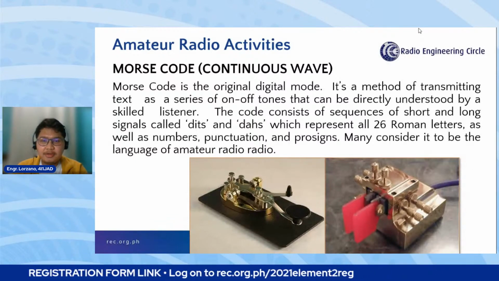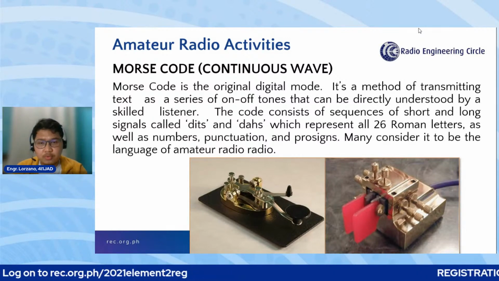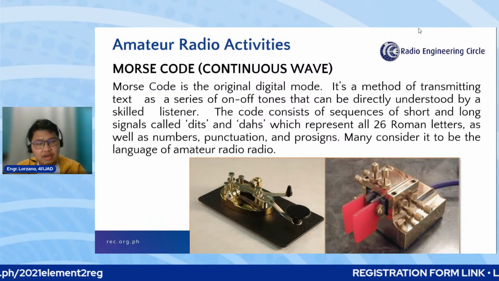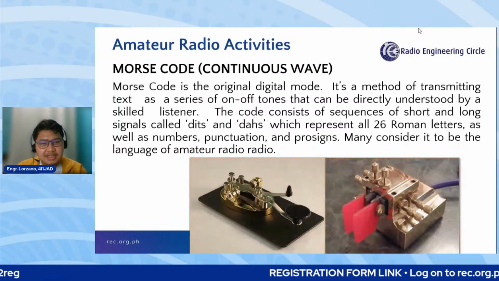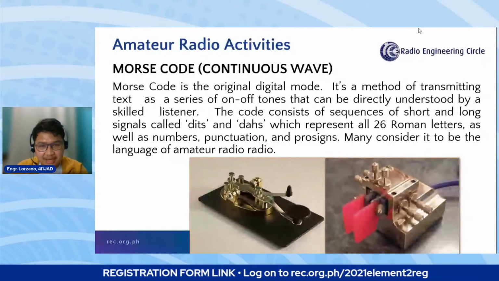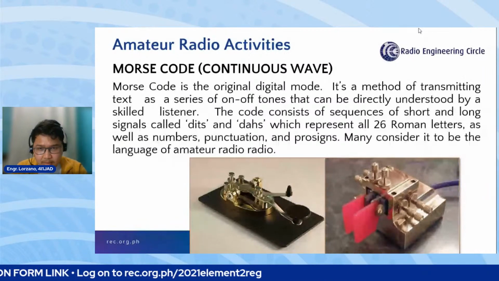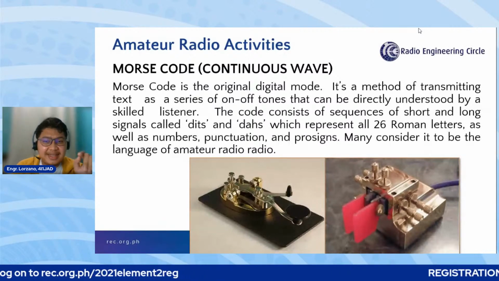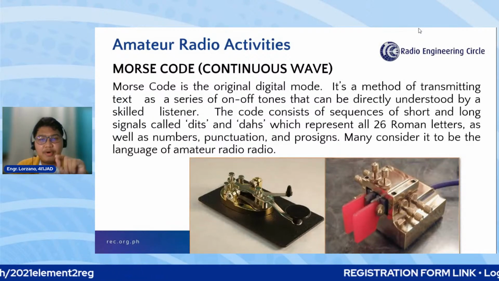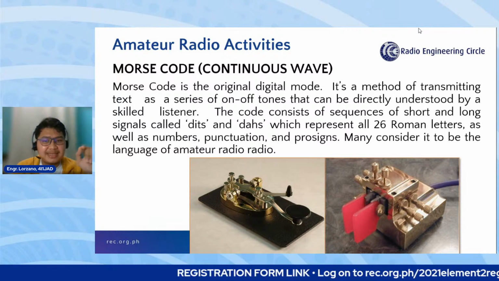And also, we use amateur radio through Morse code or continuous wave. So, itong Morse code, kumbaga ancient na way na ng pagtatransmit ng wireless, but still, it is practiced until now. And Morse code is the original digital mode. It's a method of transmitting text as a series of on-off tones that can be directly understood by a skilled listener.